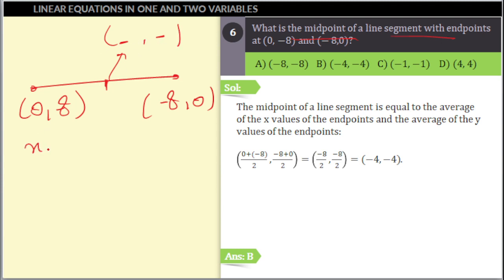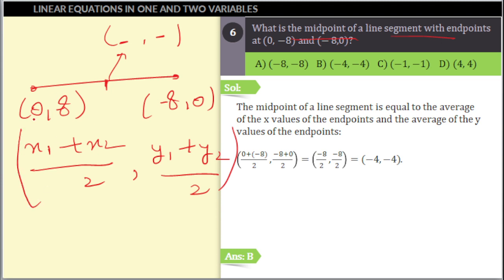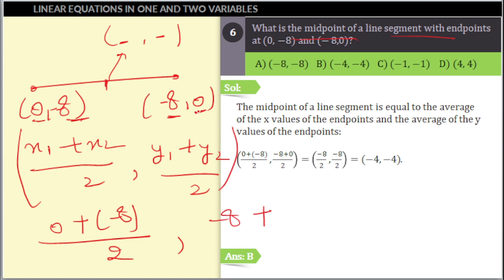So we know that the formula is x1 plus x2 divided by 2 comma y1 plus y2 divided by 2. Using this formula, x1 is 0, x2 is minus 8, divided by 2 comma, y1 is minus 8 plus y2 is 0 divided by 2.